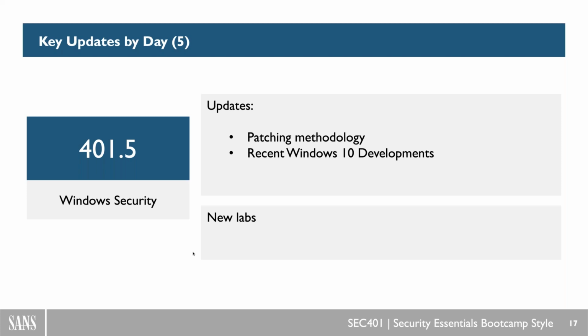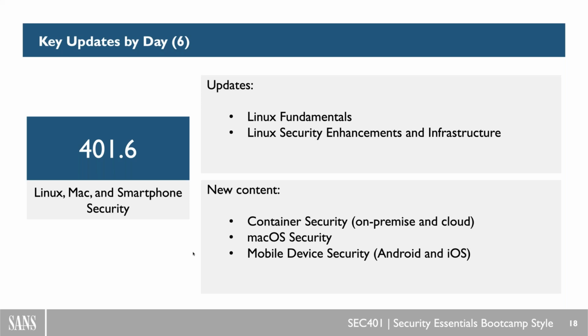And then finally, last and not least, our day 6 received a substantial refocusing on not only the concepts of Linux and Unix, but a full discussion of Mac OS, which of course is based on Unix itself. Not to be left last, definitely not least, we also did a refocus and a doubling down on smartphone security.